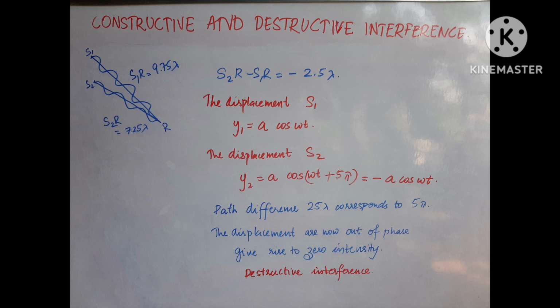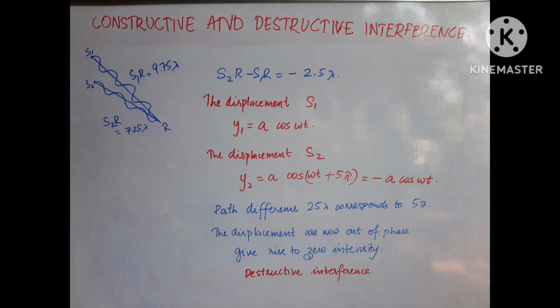And when there is 0.5, that means 2.5 lambda, that corresponds to 2 pi by 2, that means a pi phase difference. So 2 pi plus 2 pi plus pi, altogether that is 5 pi phase difference. That is why it is a 5 pi phase difference, which again gives minus a cos omega t.